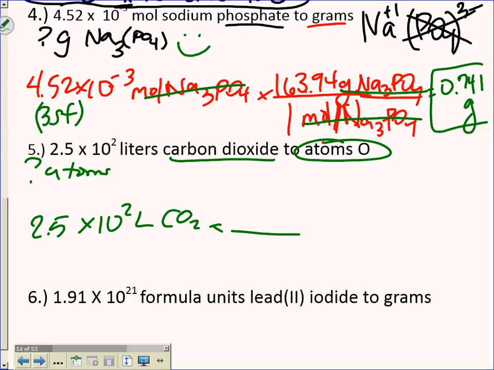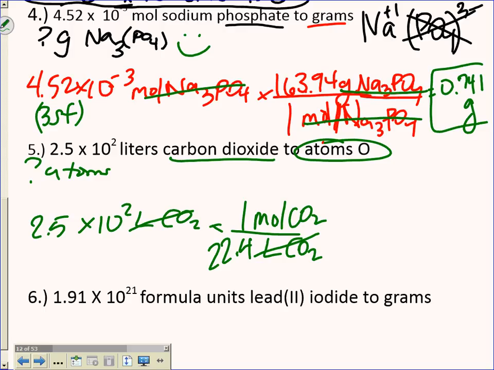Bottom, because liter has gone on the bottom. 22.4 goes with the liter, and that's related to 1 mole. So you're going back to that mole map you drew for yourself. There are only 3 relationships, and you can't go horizontal. You've got to go back to mole, back to mole, back to mole. So 1 mole of CO2 and 22.4 liters of CO2 are equivalent at STP. So liters of CO2 cancels, and I'm in moles of CO2.